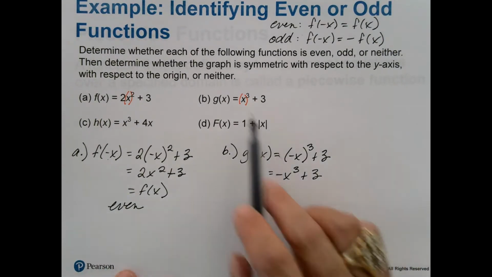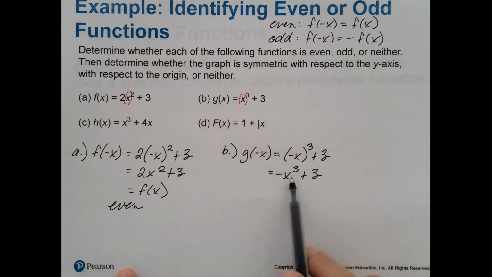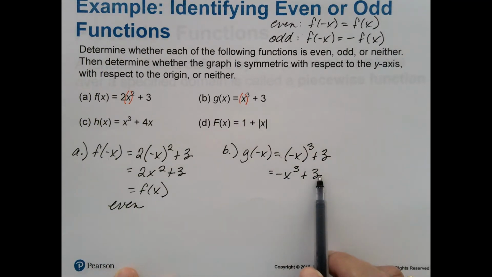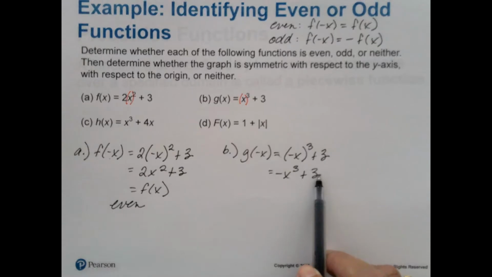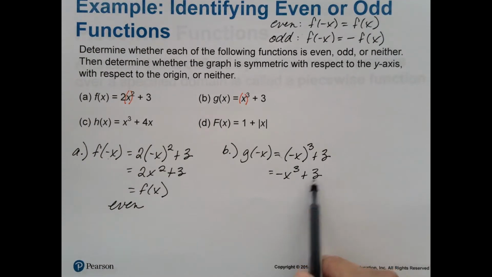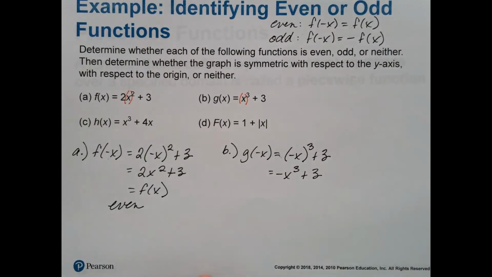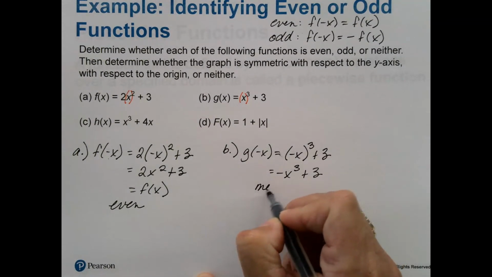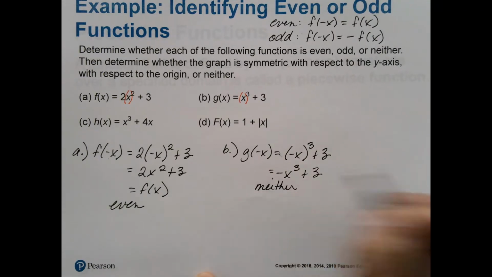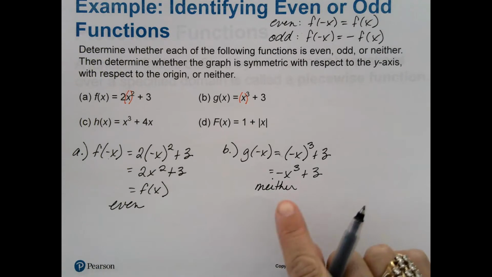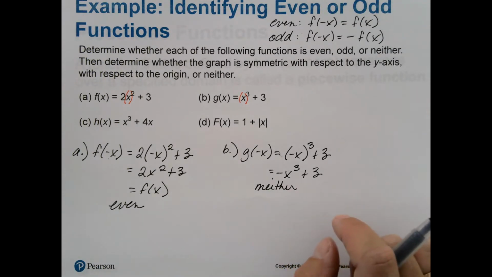When I compare this function with my original, I see that the sign has changed on x cubed, but it did not change on 3. So this does not equal our original function, and it didn't change the sign on every single term, and so this one is neither. Neither even nor odd. If this had been negative x cubed minus 3 somehow, that would be odd, but it's not.